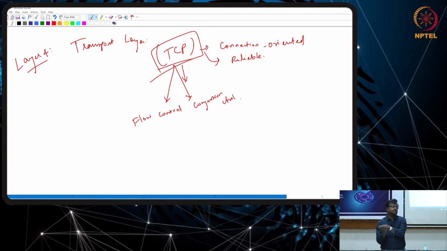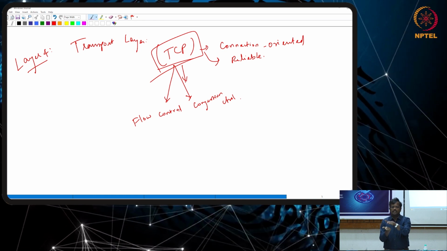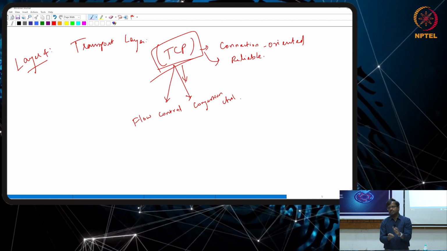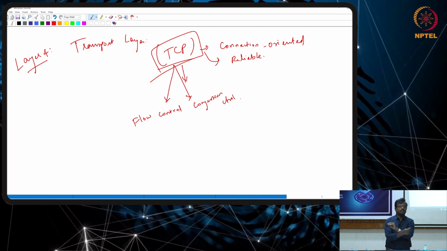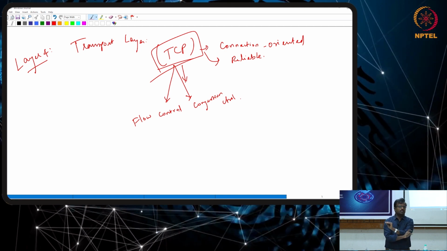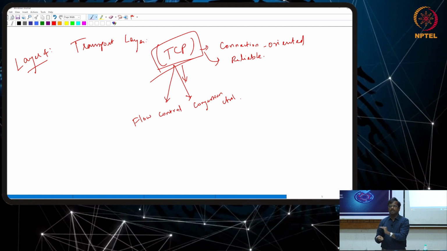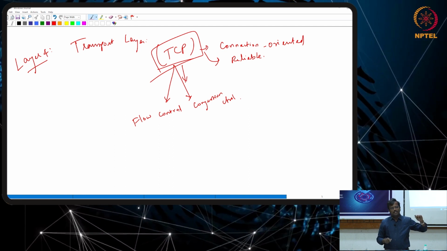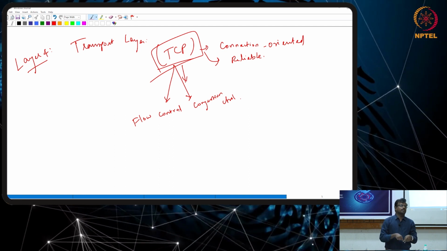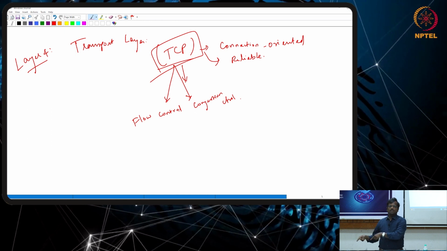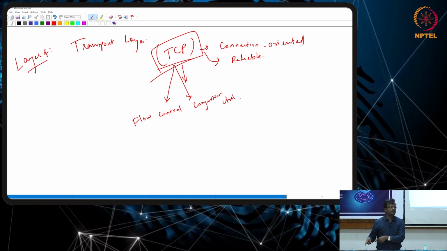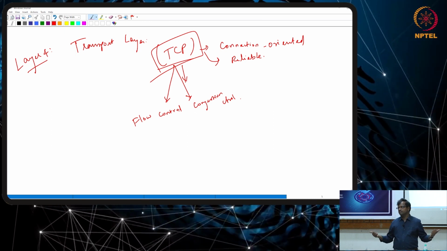So when the receiver's buffer is getting smaller and smaller, it will send an advertisement packet to the sender: Hey, don't send me more traffic because I don't have enough place to store it. So the sender will again control the traffic, not because of congestion in the network, but because the buffer capacity is very small. And this is flow control.